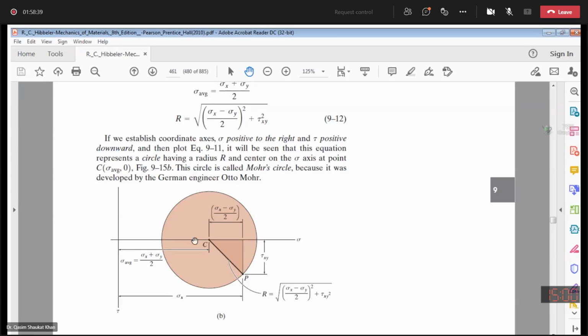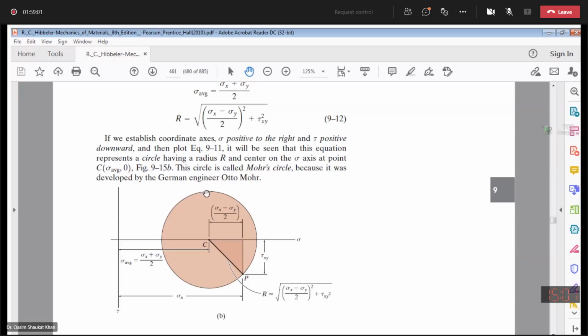Then I have said that over my shear plane there will be two things: maximum in-plane shear stress and the average normal stress. You can have the maximum value of the shear stress here and right here.